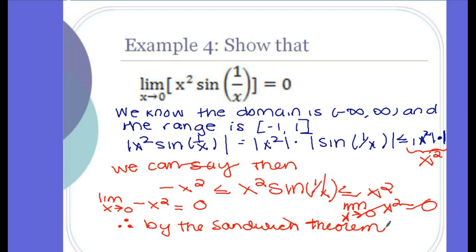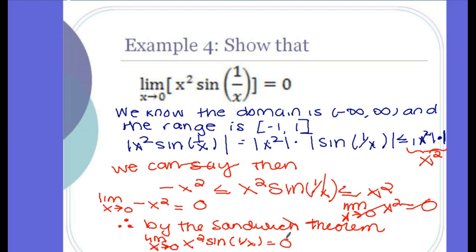So therefore, by the sandwich theorem, the limit as x goes to 0 of x squared sine 1 over x must also be 0. Good?